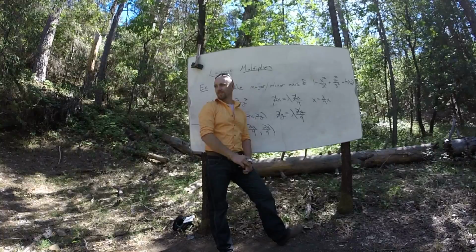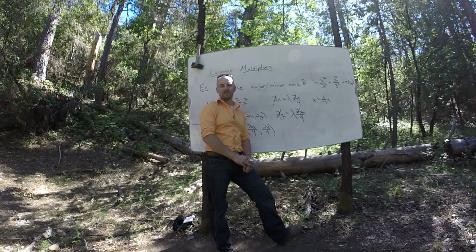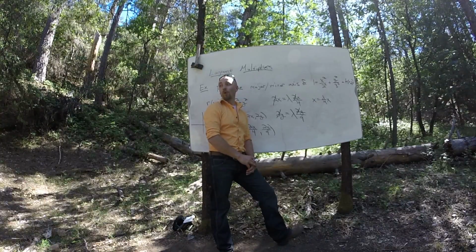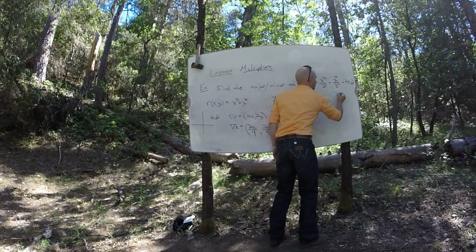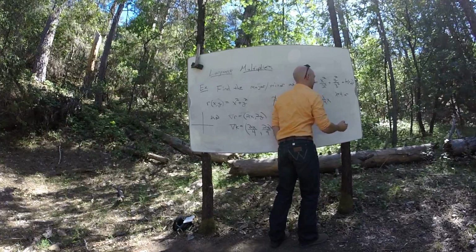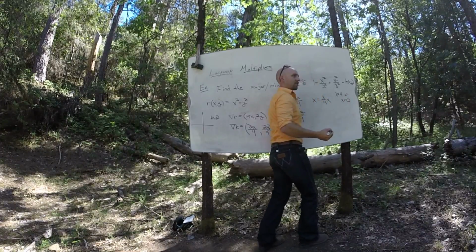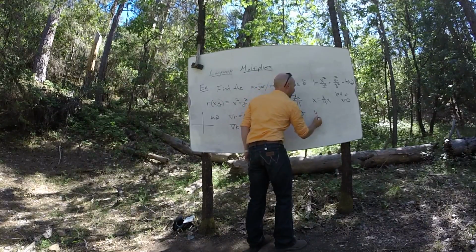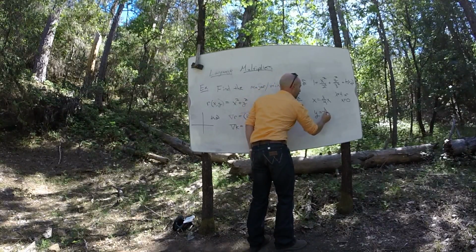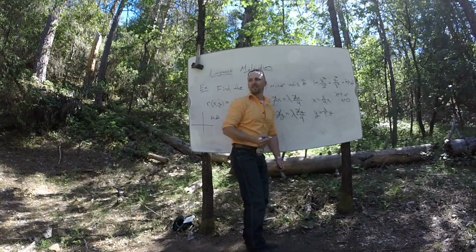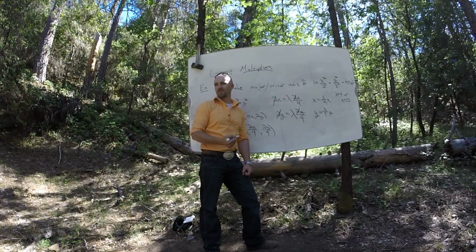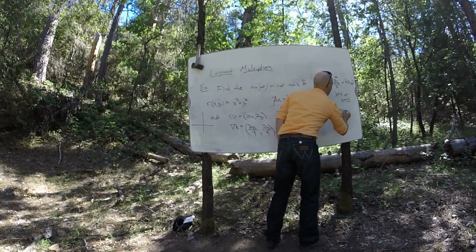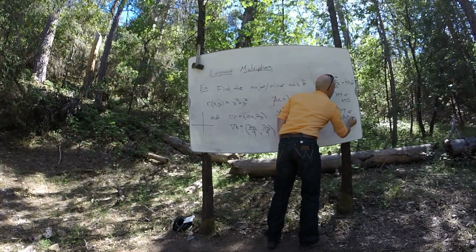What's that tell you about x? Either lambda is 4, or x is 0. You guys see that? And the other one, I got y is lambda over 9 times y. So what does that one tell you? Either lambda is 9 or y is 0.